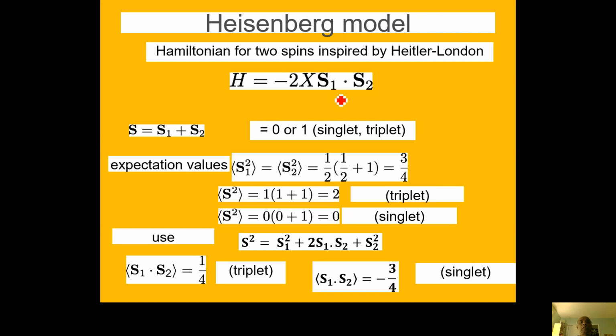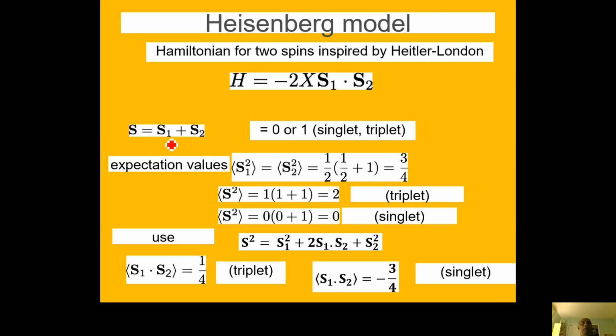Suppose you have just 2 spins, S1 and S2, just like a hydrogen molecule with 2 hydrogen atoms, which both have a spin. You can write your total spin as S1 plus S2, right? So how do you get the total S? You can have 2 ways, right?